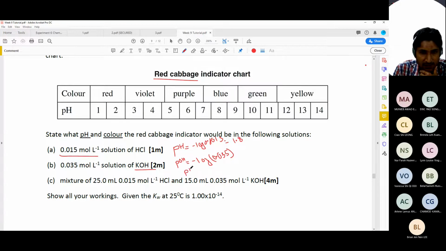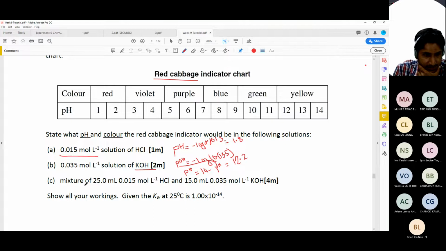Then only will we find the pH from here, that is 14 minus the pOH. The pH we will get is around 12.2, and it will be a yellowish color. For it, the juice will change color to yellowish.